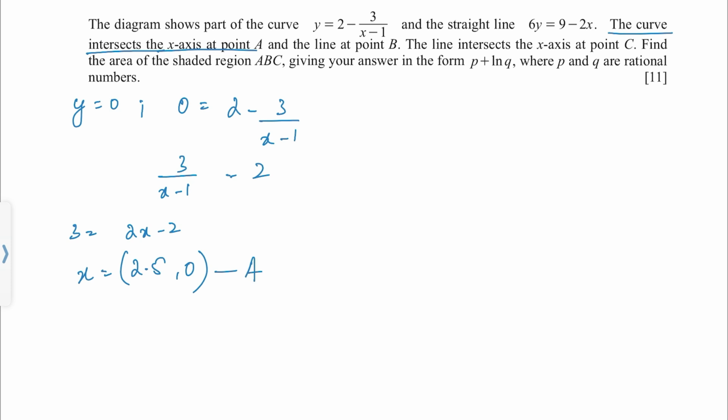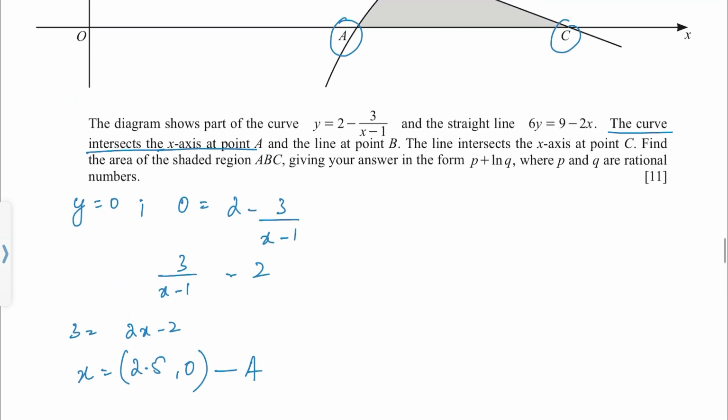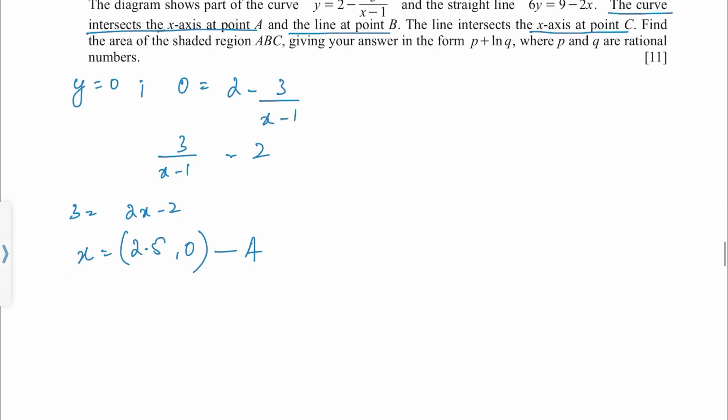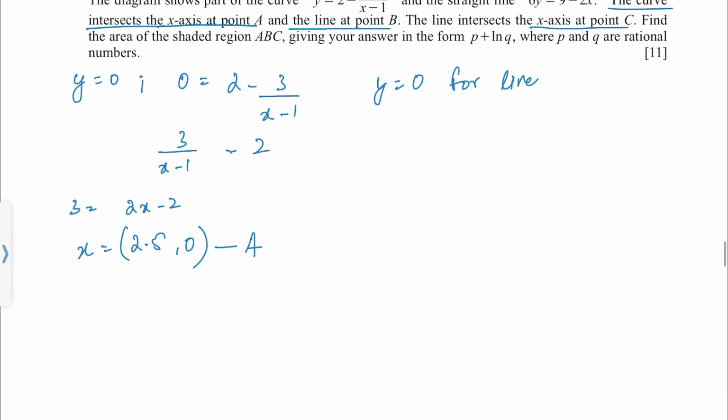This is our A. And to calculate our C, the line intersects the x-axis at point C. For C, we will be using y as 0 for the line. And this would be 6 into 0 equals 9 minus 2x.